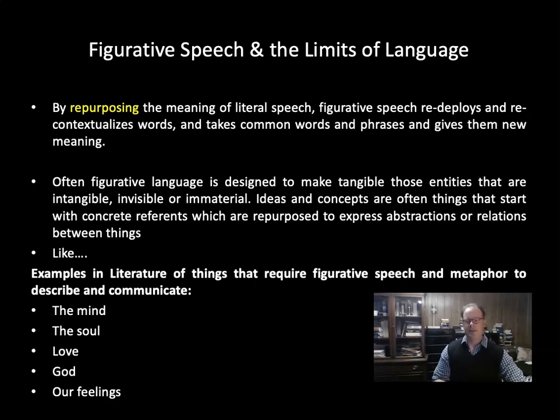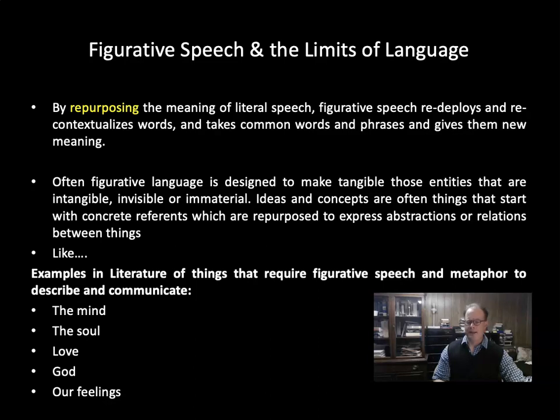So let me give you some examples of entities that don't have simple, tangible existences, but we all are kind of convinced that they really exist, with some disagreements. And we talk about them all the time, and we have to use some type of metaphorical or figurative speech to make sense of them.